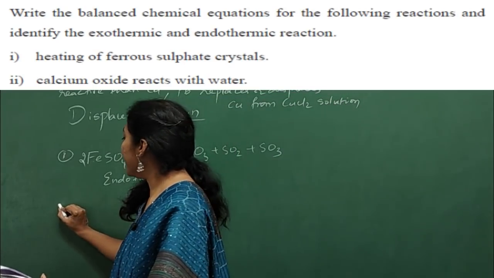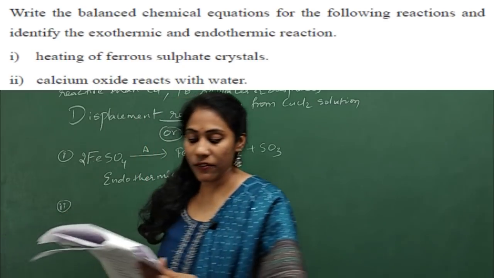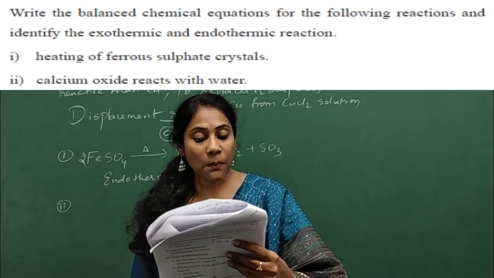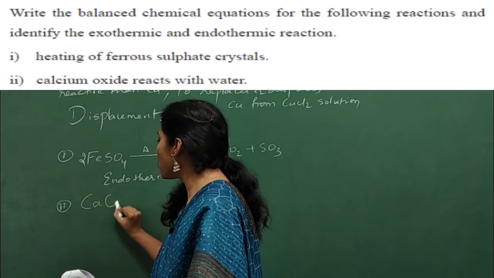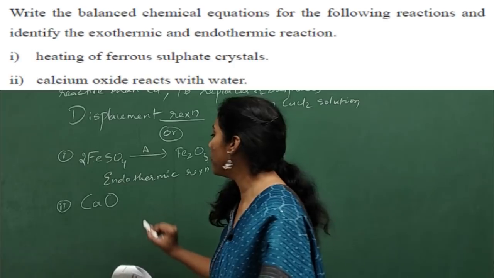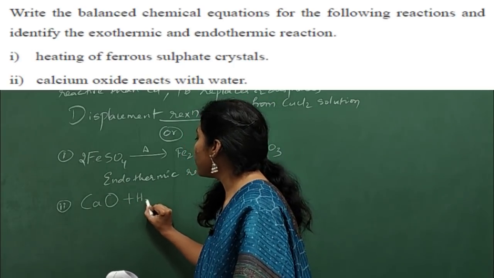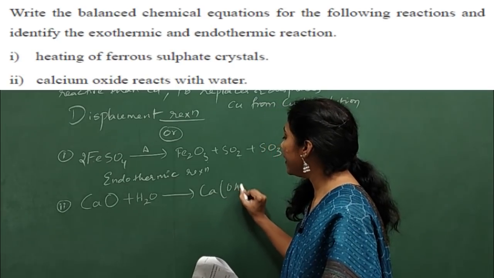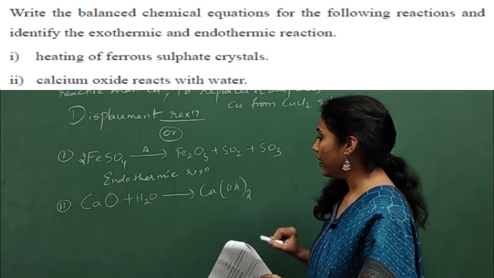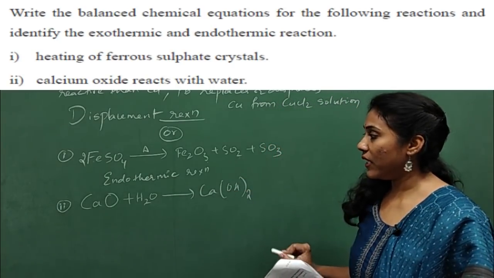And now for the second one, how do you write the answer? Which is the second question? Calcium oxide reacts with water. So what do you mean by calcium oxide? It is quicklime. CaO is the formula. On reaction with water, you will get calcium hydroxide, right? So calcium hydroxide you will get.